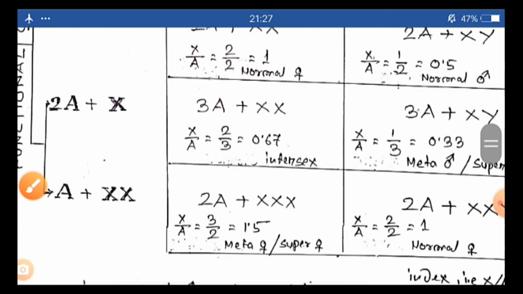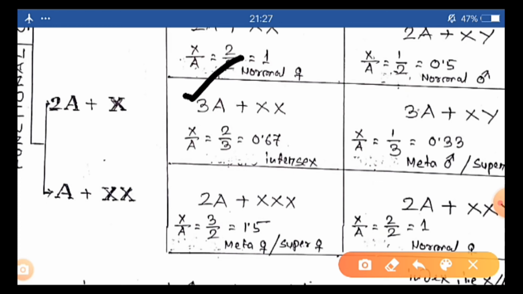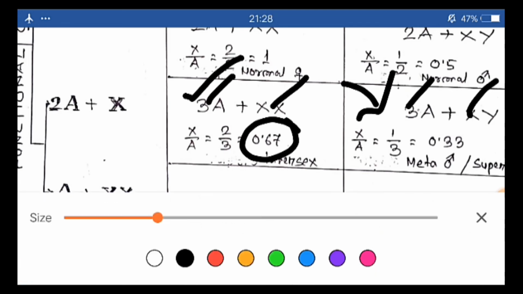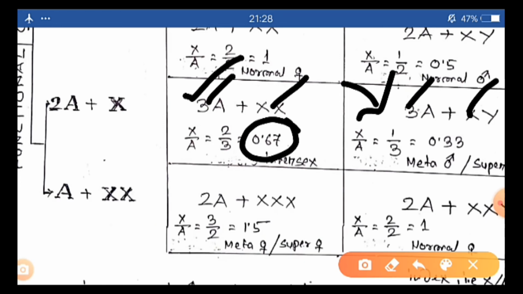Similarly, have a look in other blocks also. In this block the index will be 2 divided by 3, that is 0.67. What is about this block? It will be 1 divided by 3, and the result will be 0.33.